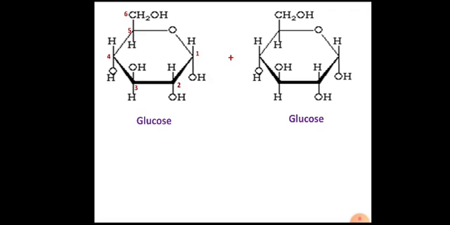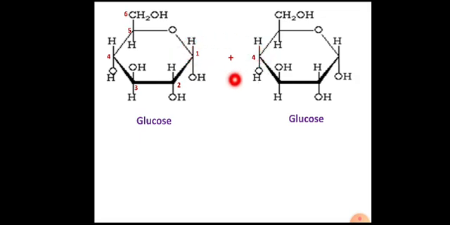You can see here carbon number 1, 2, 3, 4, 5 and 6. So this is carbon number 4, this is carbon number 1. This is alpha conformation, carbon number 1, and this is carbon number 4, and therefore the linkage will be called alpha 1,4. This is carbon number 4 of another glucose unit.